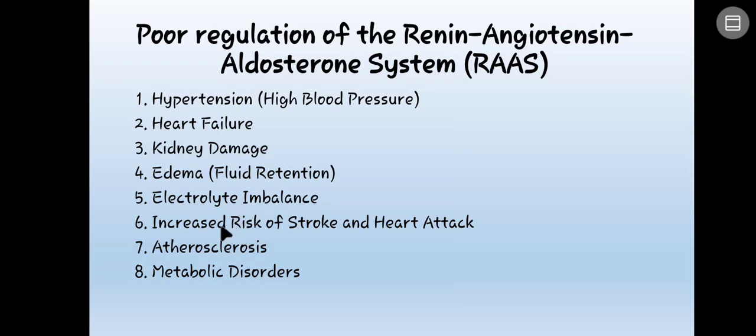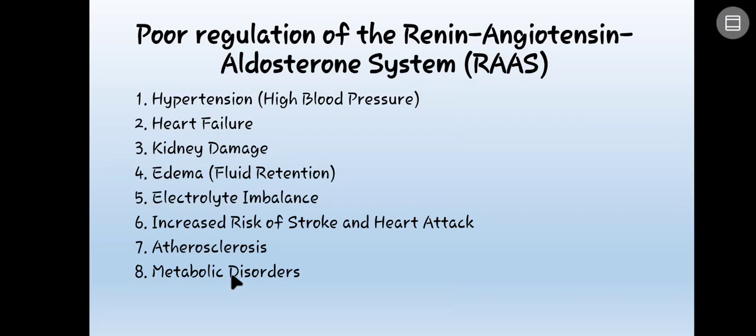The person's risk of stroke and heart attack can increase because a very severe blood pressure can cause a stroke. And then metabolic disorders. Why metabolic disorders? Because of poor regulation of RAAS, particularly when there is excess aldosterone.